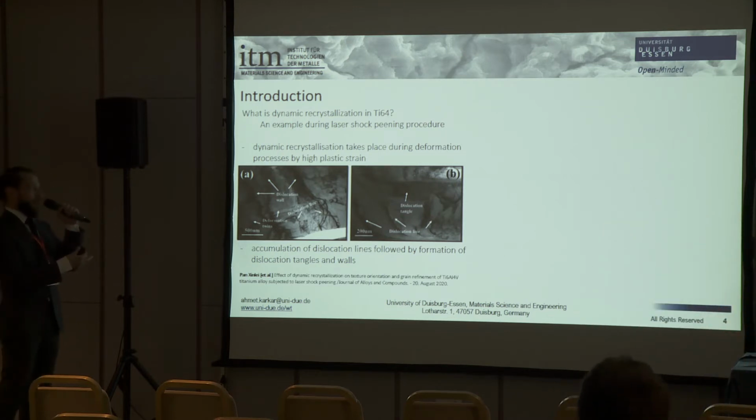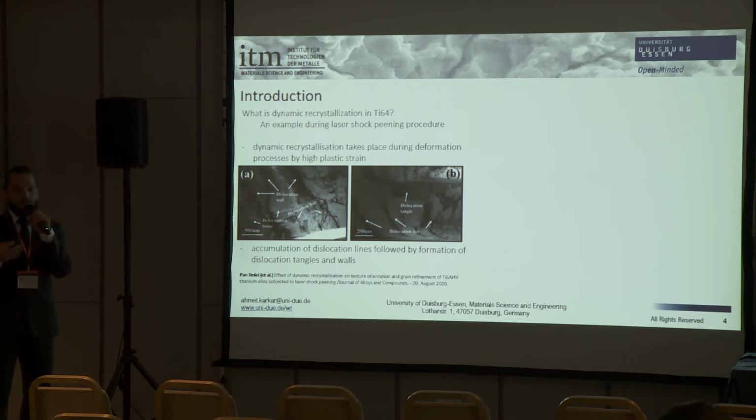Here we can see TEM characterization of the microstructure of titanium 6-4 after laser shock peening. With this surface strengthening method, ultra high plastic strain has been applied. The results of the microstructure show the accumulation of dislocation and contributed to formation of dislocation tangles and dislocation walls.